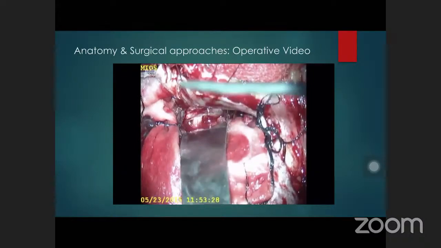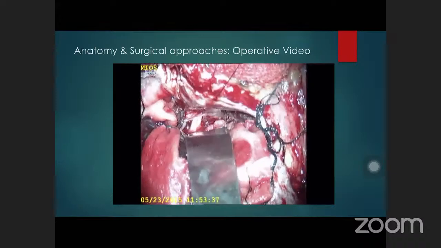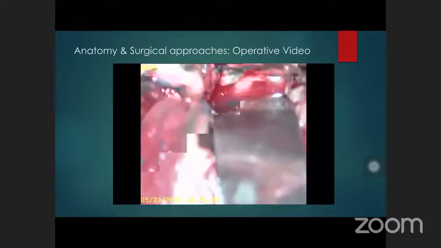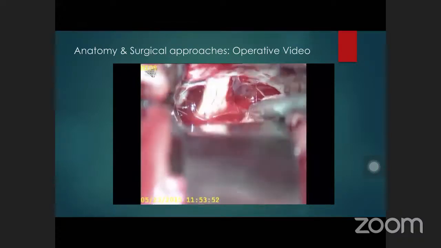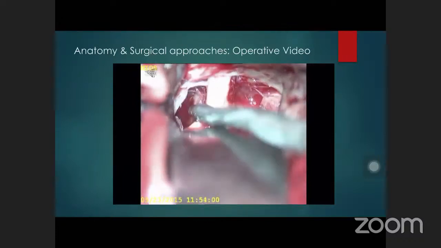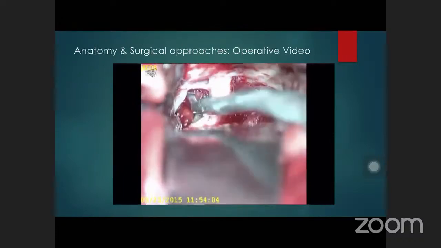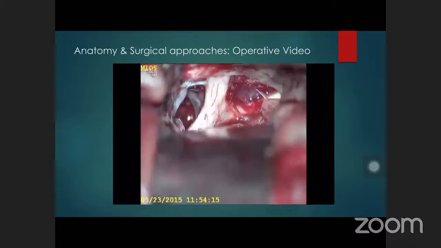Okay, you can see the CSF coming out. You can see how much damage that brain has, but no problem. You can see CSF keeping on coming out. That's the basilar artery there.